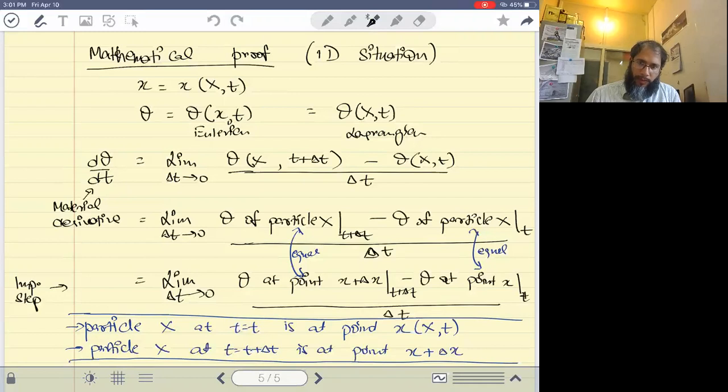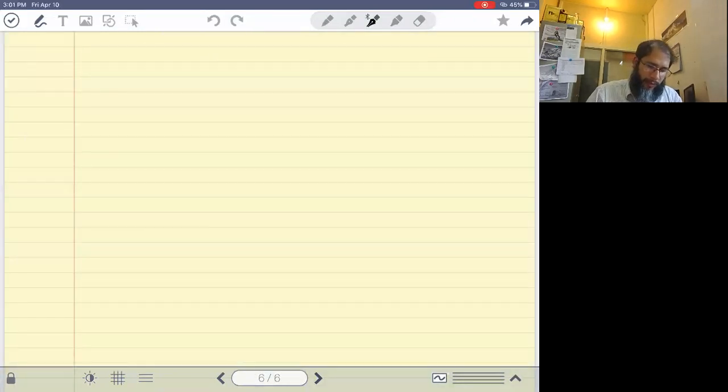Okay, so now if you understand this point, then moving ahead is very straightforward. So now we simply have to add and subtract terms.